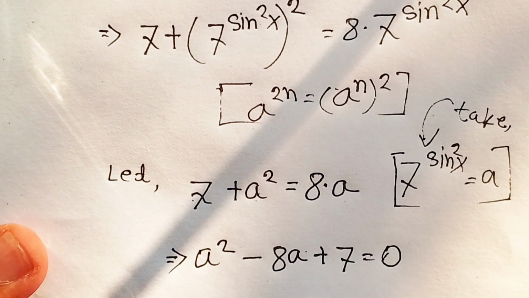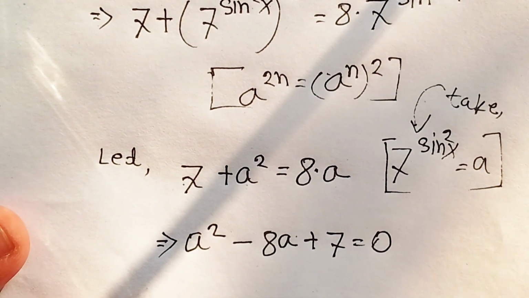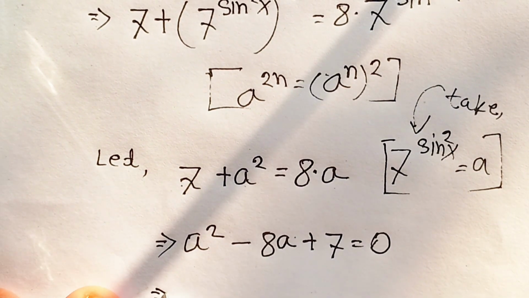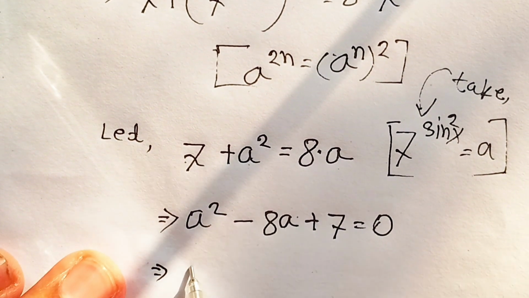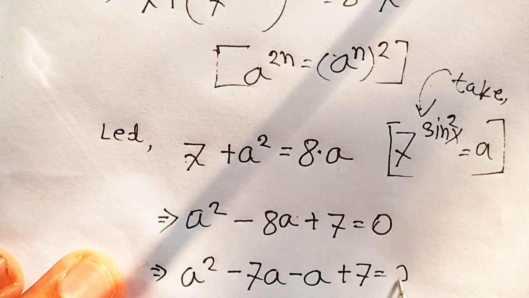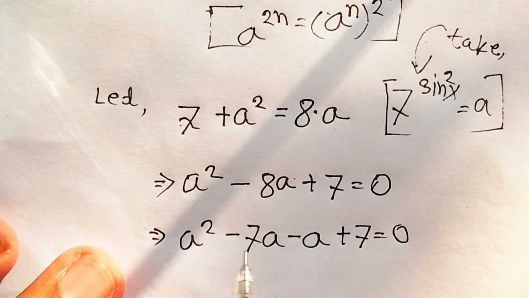So now we have to rearrange this equation and simplify by factorization, which is a² minus 7a minus a plus 7 equal to 0.